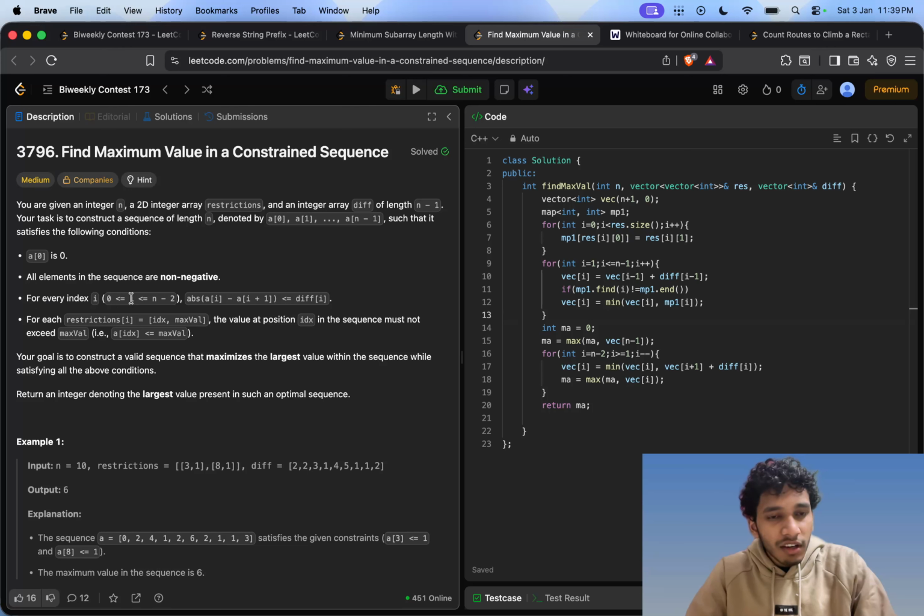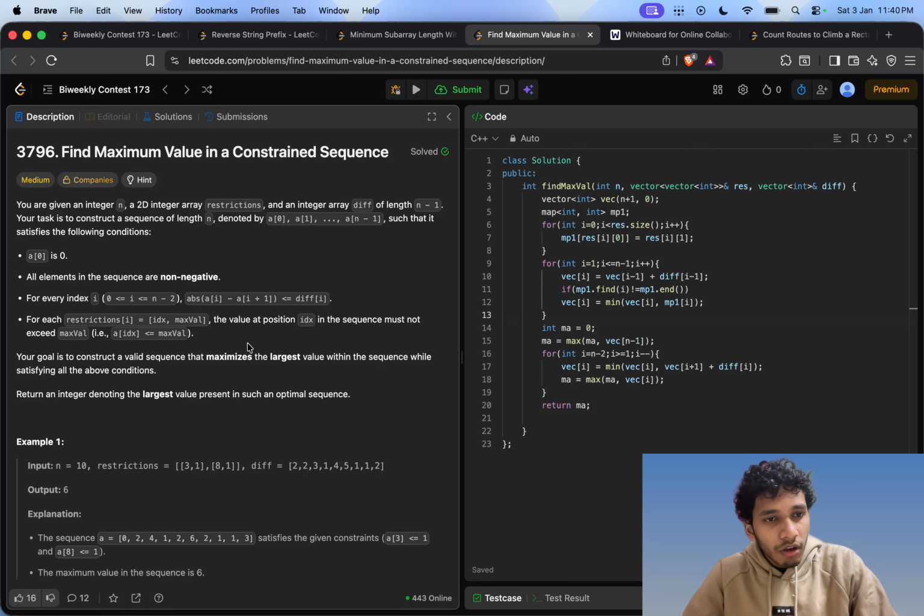For each index i, where i is from 0 to n minus 2, the absolute value of a[i] minus a[i+1] is smaller than or equal to diff[i], which just means that consecutive elements i and i plus 1 have an absolute difference of at most diff[i].